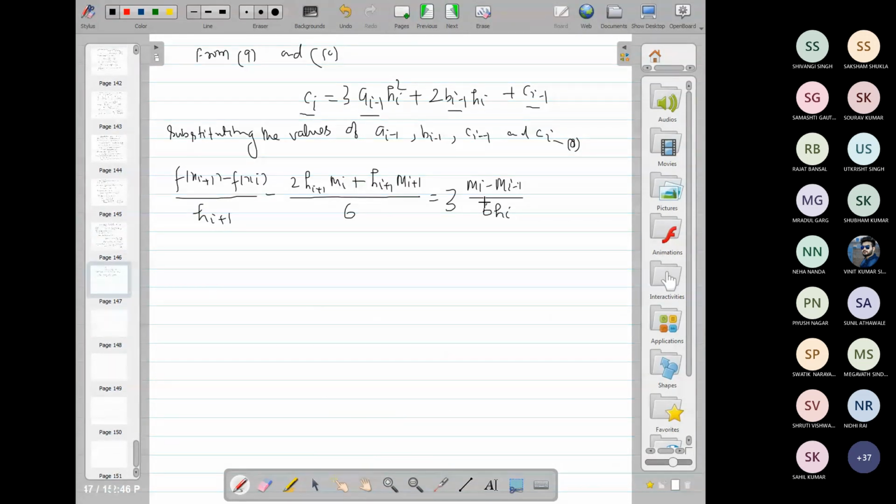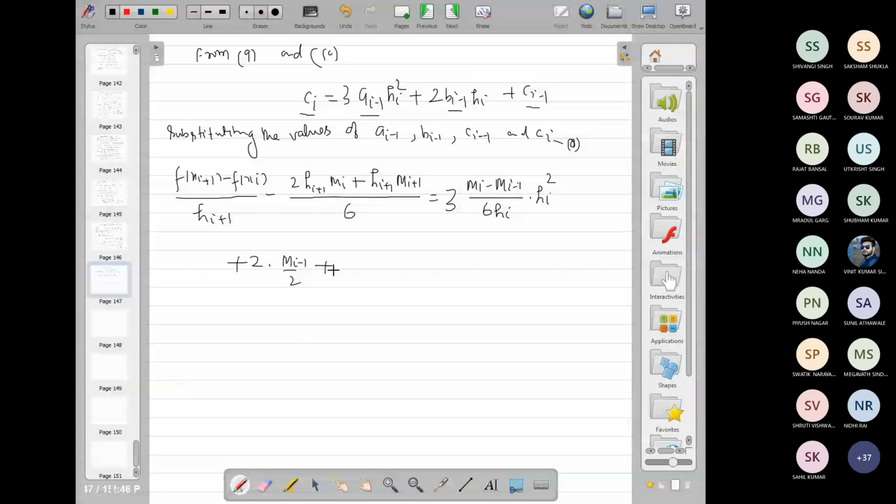This is ai minus 1 into hi square plus 2bi minus 1. It will be mi minus 1 by 2, bi is mi by 2. So bi minus 1 is mi minus 1 by 2, plus ci minus 1 here.